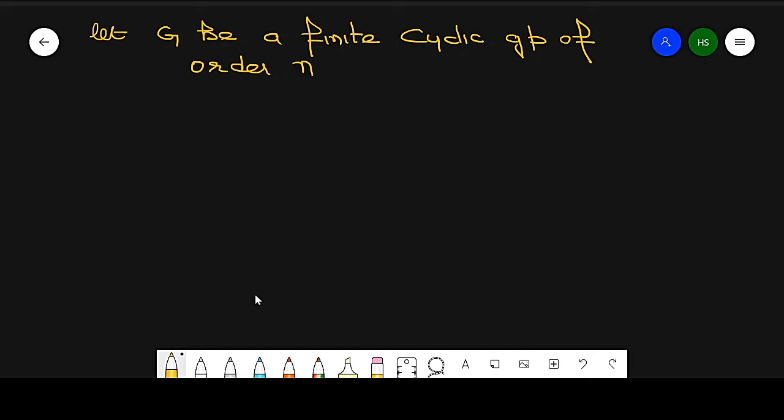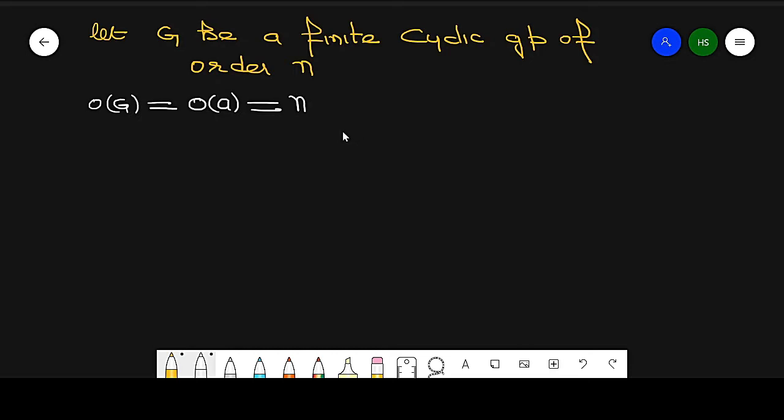What does it mean? It means G is generated by some value a, and the order of a is equal to n. So in this part, the order of G, the order of a, is equal to n.